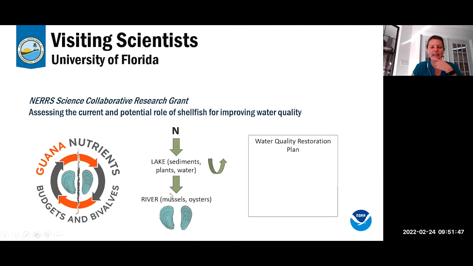And then also looking at how mussels and oysters in Iguana River are affected by water quality, but also affect water quality. And all of this information will help us be able to develop a restoration plan for the Iguana River estuary with a bunch of stakeholders. So we've already started that stakeholder engagement process this year.